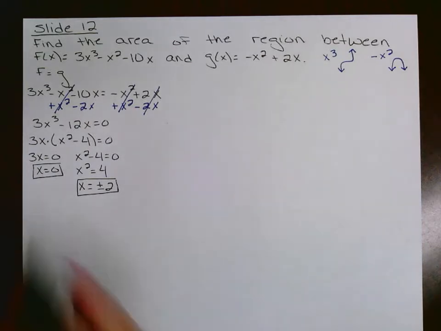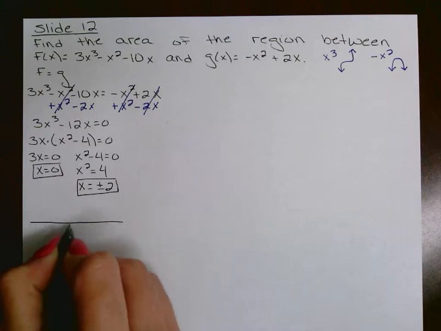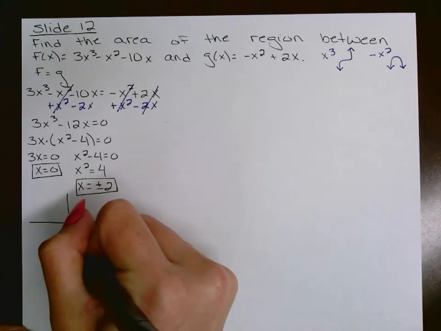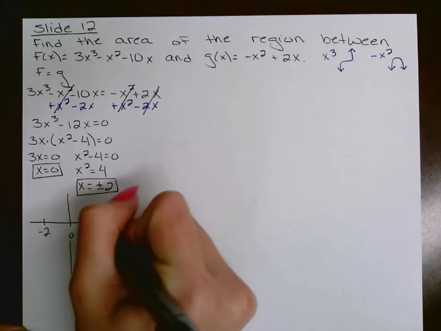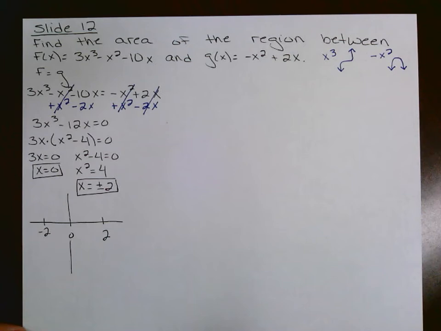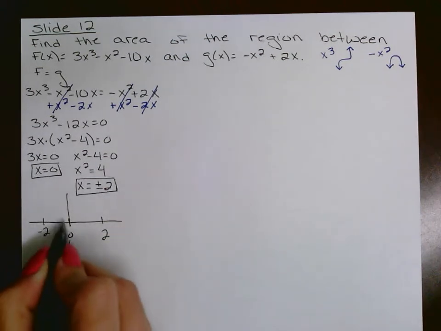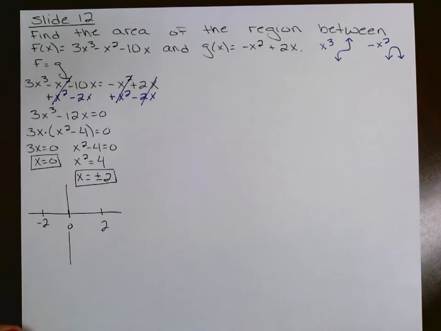So, if I'm creating a number line, right, let's say here's 0. This is going to be my y-axis. And then I have negative 2 and positive 2. So that means that I'm going to get one region here and another region here. Does that make sense?